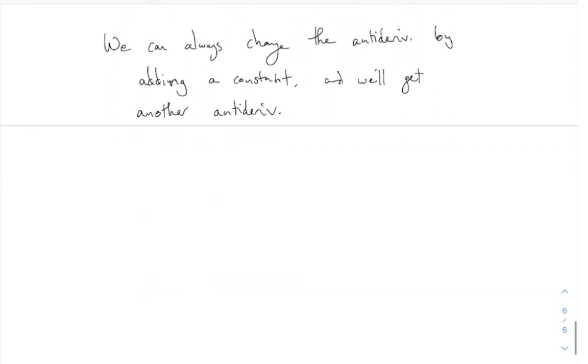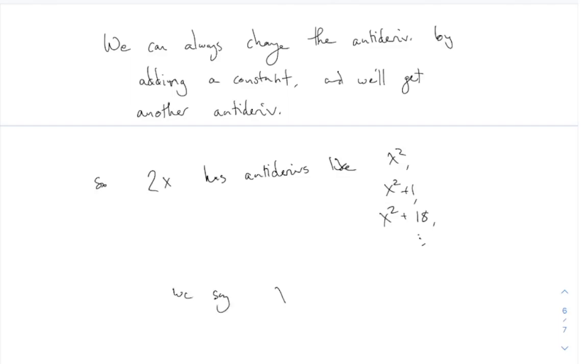All right. So in general, 2x has antiderivatives like x squared or x squared plus 1 or x squared plus 18, etc. Generally speaking, we say that x squared plus c is the antiderivative, even though it's not really one thing. It's x squared plus any constant.